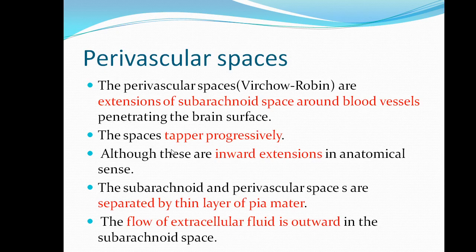The spaces taper progressively, although these spaces are inward extensions in the anatomical sense. The subarachnoid and perivascular spaces are separated by a thin layer of pia. The flow of the extracellular fluid is outward in the subarachnoid space.